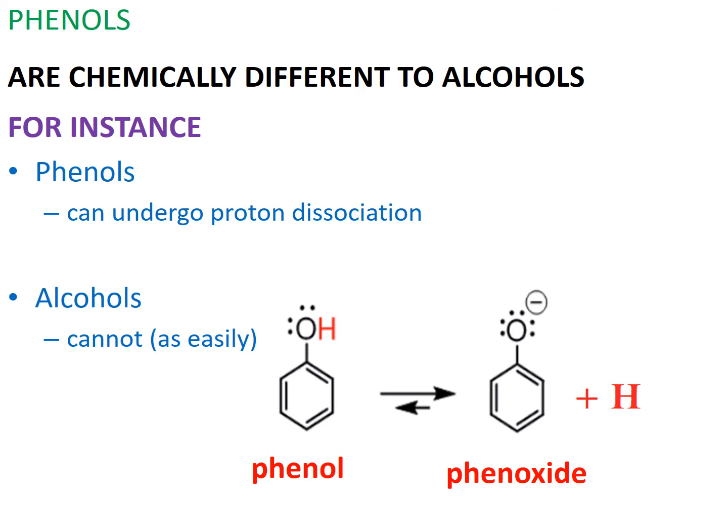While you are only responsible for knowing one difference between phenol and alcohol in terms of their physical properties, you need to be aware of two chemical properties that set these two classes of compounds apart. The chemical difference is that phenols can undergo proton dissociation, while alcohols cannot.